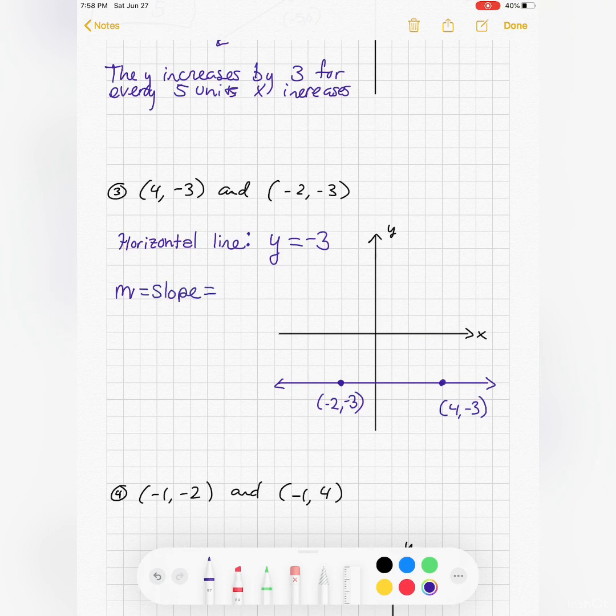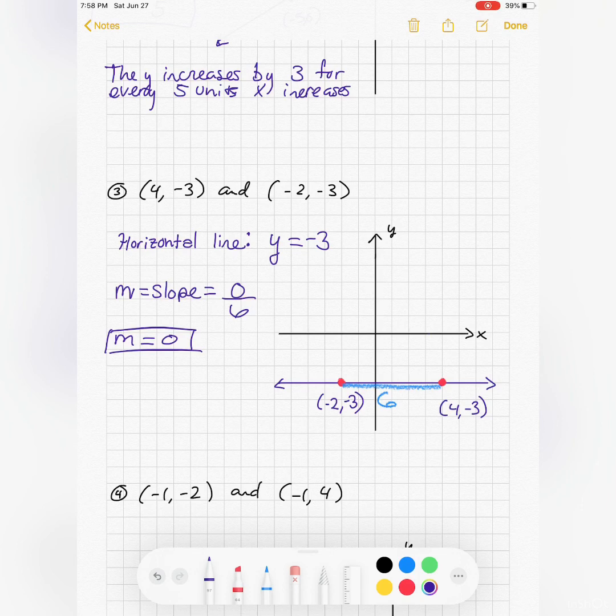So you can still list the slope. Looking between these 2 points, how much does the y change? It changes by 0. The rise is 0. How much does the x change? It increases by 6. 0 divided by 6 is 0.